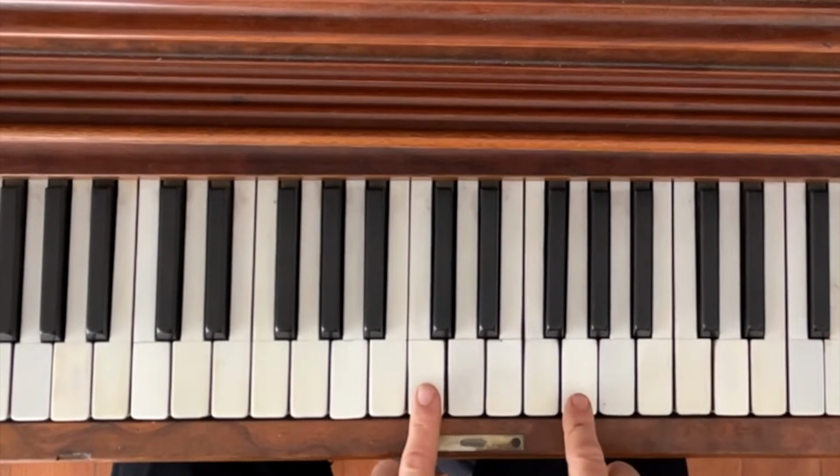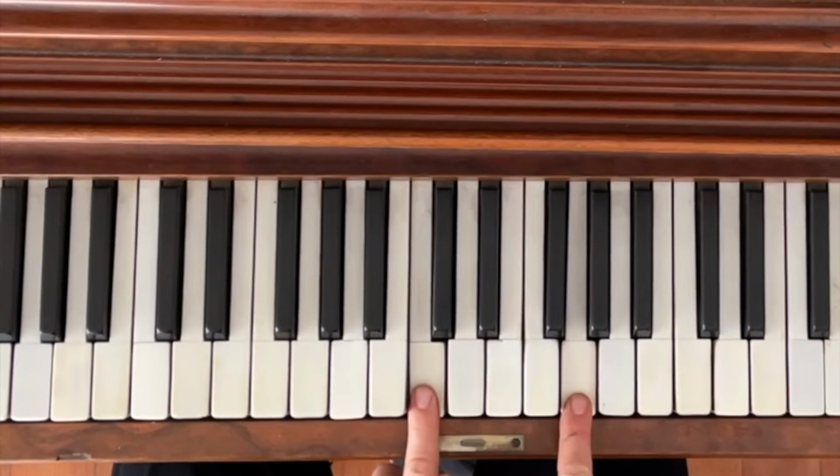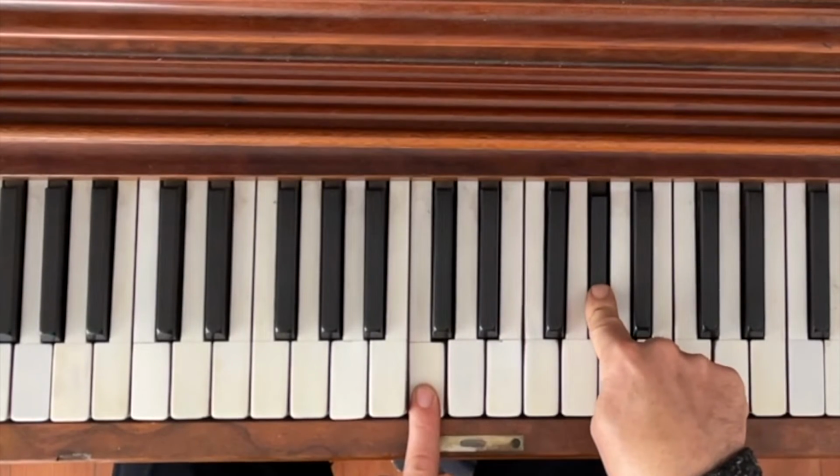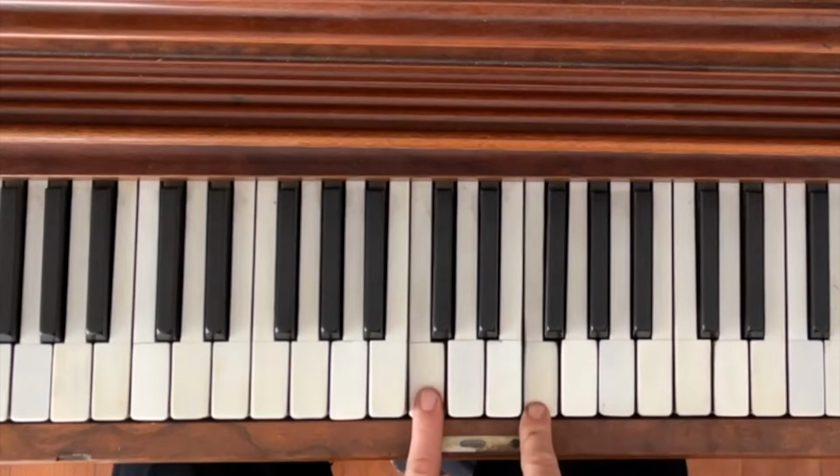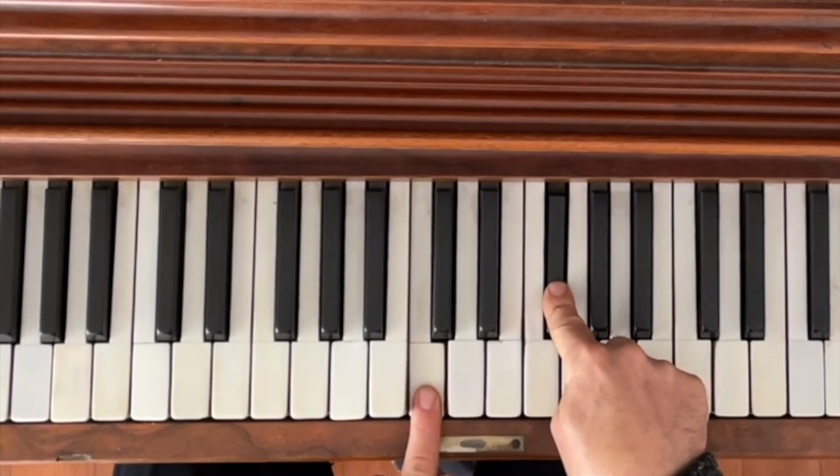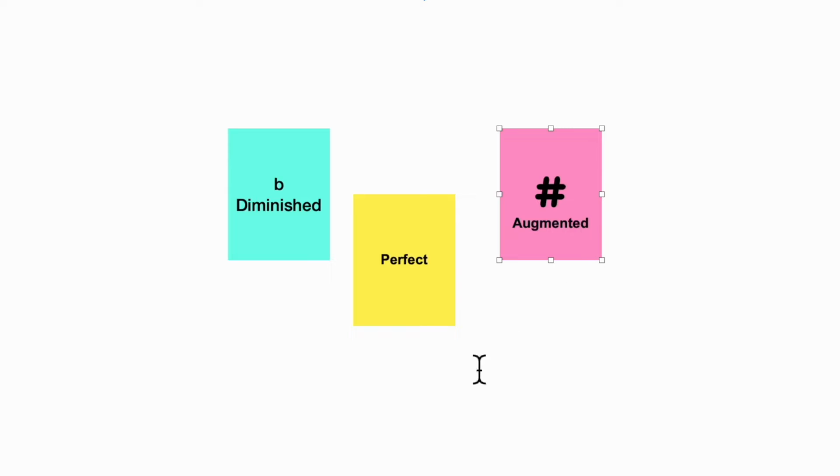And when you raise it, it's called augmented. Perfect fifth, augmented fifth. Perfect fourth, augmented fourth. So any of your perfect intervals, when you shrink it by moving a half step, then it's called diminished. And when you expand it by moving a half step, you call it augmented.